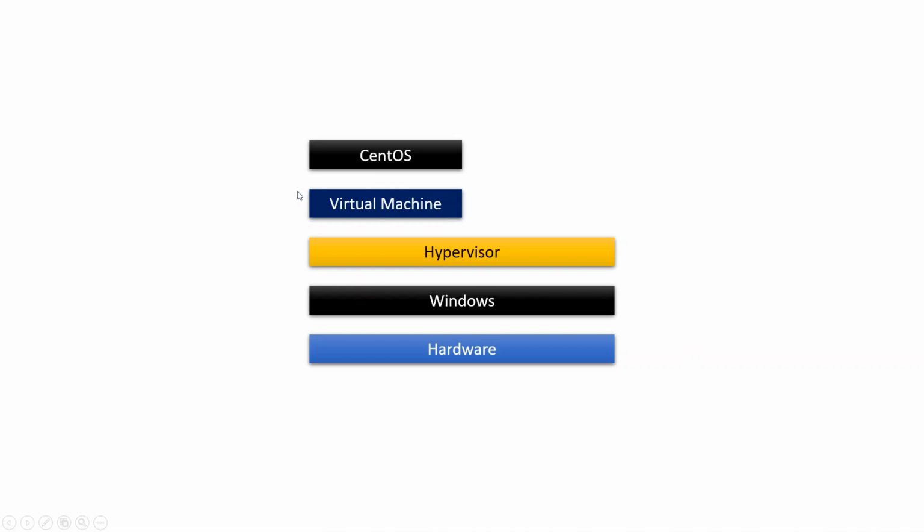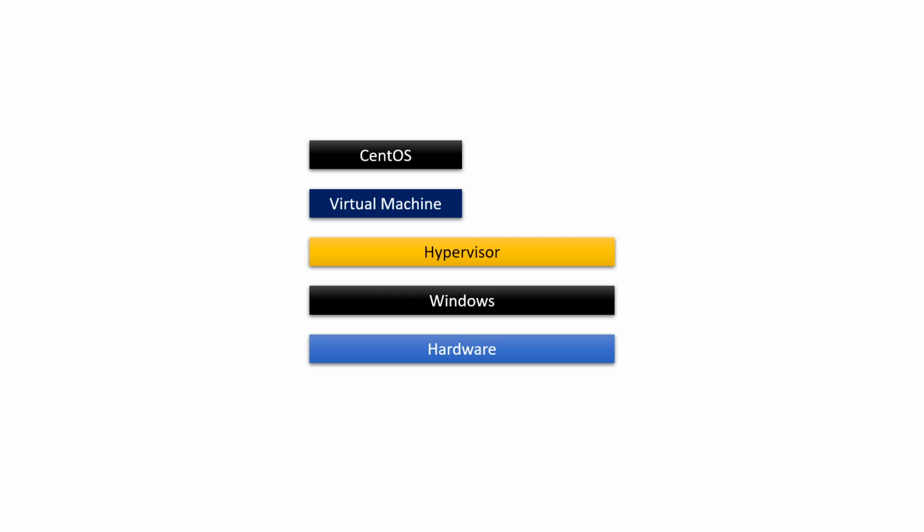But for now, just take it like this: on Windows you can install a hypervisor, and the hypervisor can provide you a virtual machine on the top of which you can install CentOS. In this particular case, Windows and CentOS will both be able to run simultaneously. You will be able to run them both simultaneously.